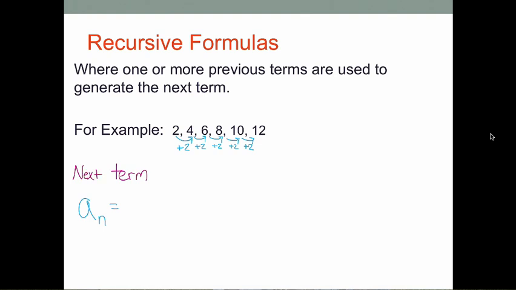So to find our next term, or our next value in this list of numbers, if I wanted to figure out what came after 12, I'd have to take the previous number, or the previous term, and I'd have to add 2. So if I wrote it out in words, this is what it would look like. Next term equals previous number, add 2, or we could say plus 2.